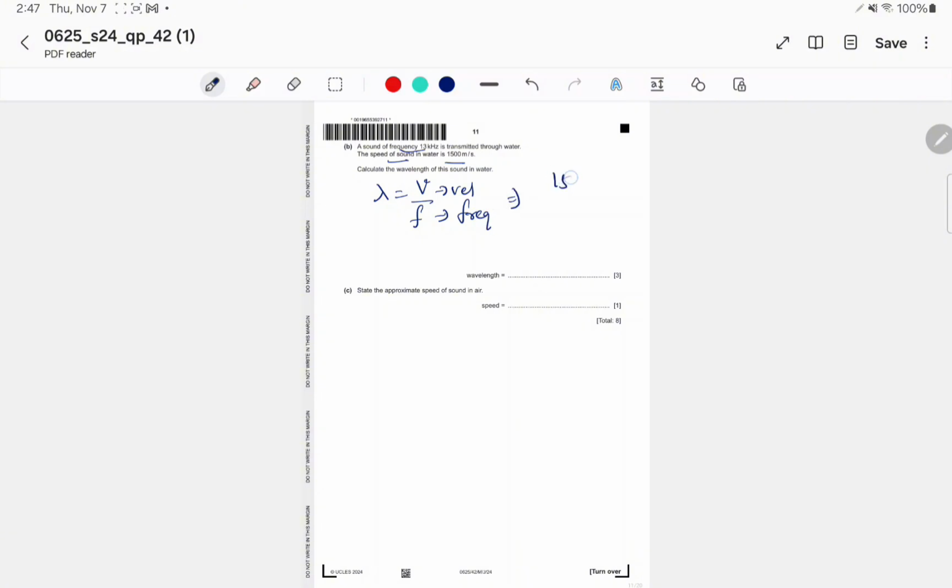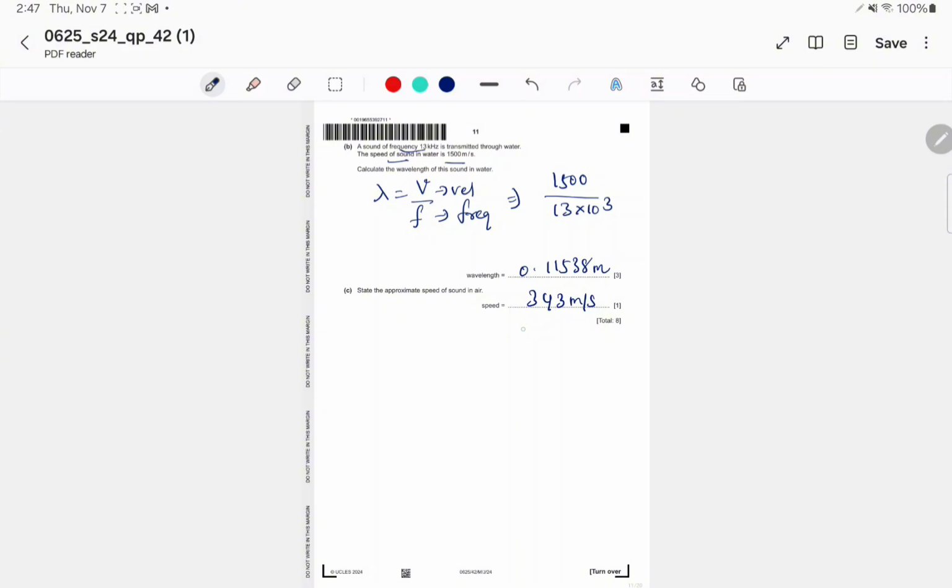Velocity is 1500 divided by 13 times 10 power 3. So your answer is 0.11538 meters. State the approximate speed of the sound in air. It is 343 meter per second.